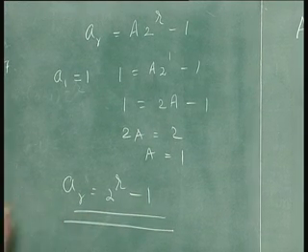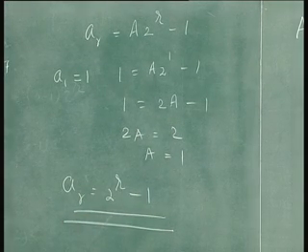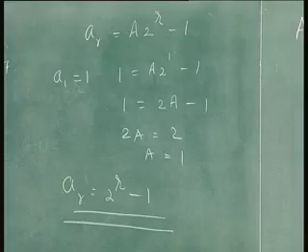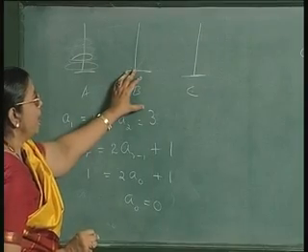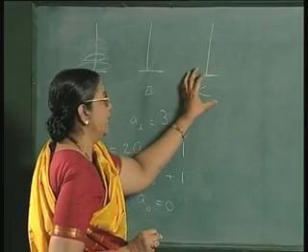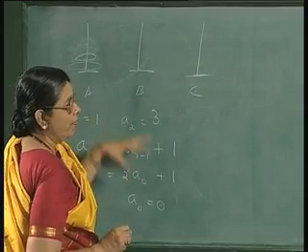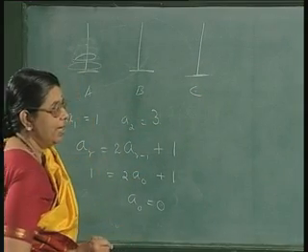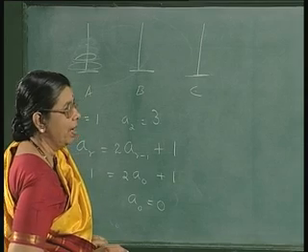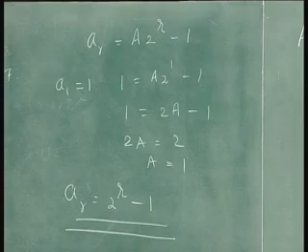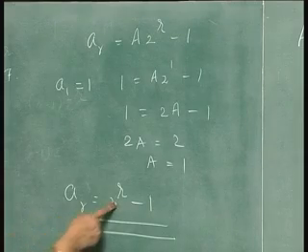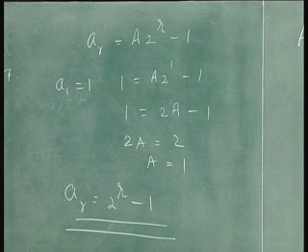This is the number of steps required to transfer r discs from peg A to peg B, making use of an intermediary peg C such that at no point of time a bigger disk lies above a smaller disk. The expression is given by A_r is equal to 2 power r minus 1.